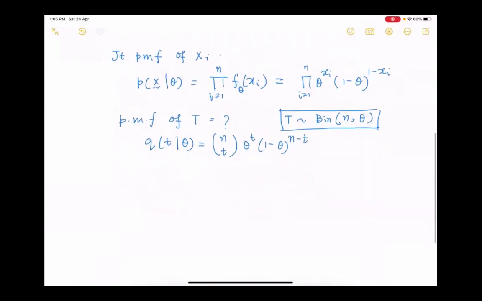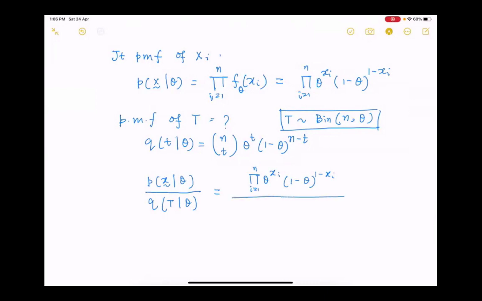So now I will take the ratio, P(x given theta) divided by Q(t given theta). So the product of theta to the power xi times 1 minus theta to the power 1 minus xi, over n choose t, theta to the power t, 1 minus theta to the power n minus t.